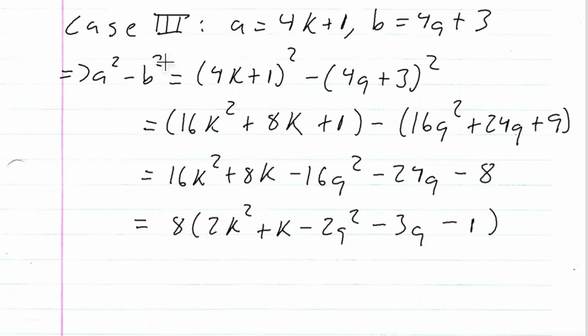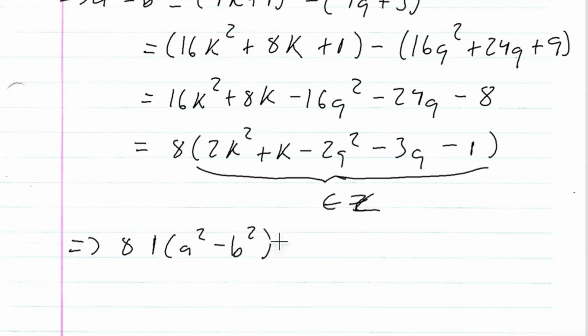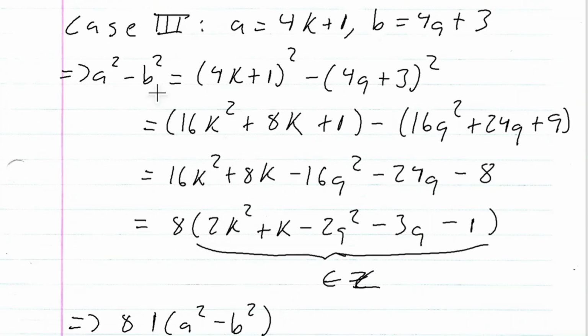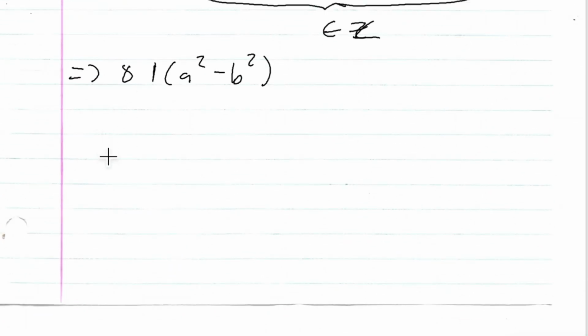And then a squared minus b squared is equal to 8 times an integer, right? So this means 8 divides a squared minus b squared. And then it's the same reasoning with case number 4.